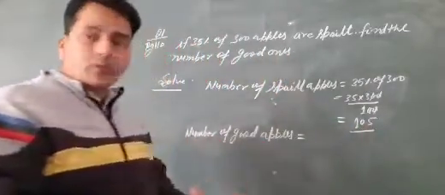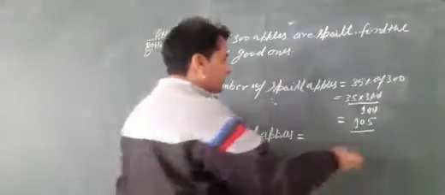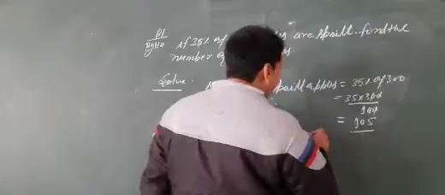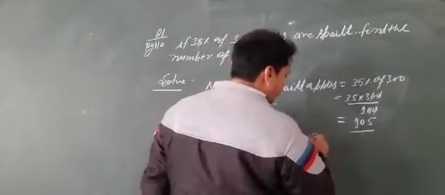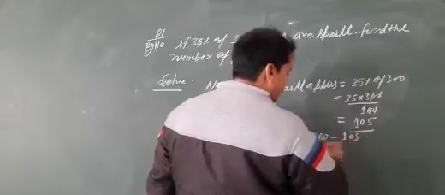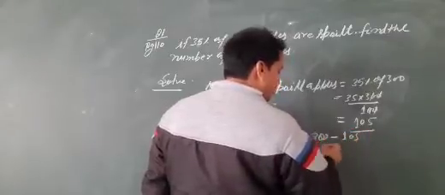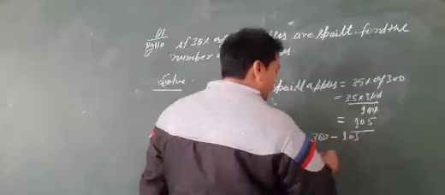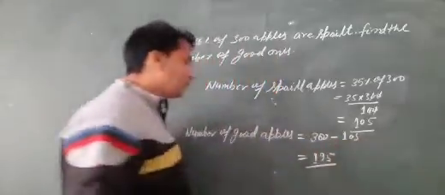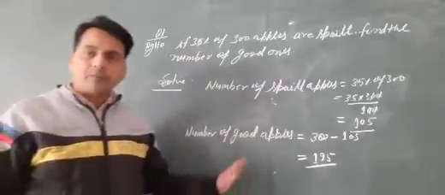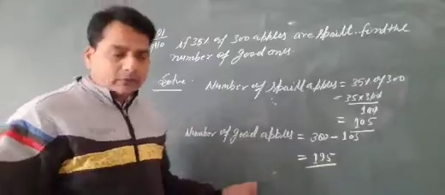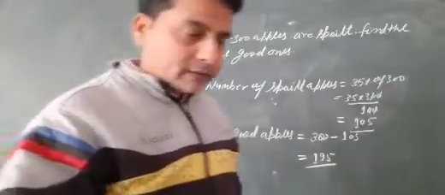So the number of good apples is the total number of apples minus the number of spoiled apples, that is 300 minus 105, which is 195. So the number of good apples is 195.